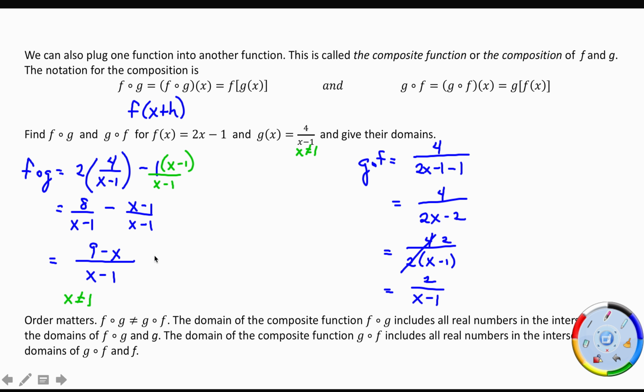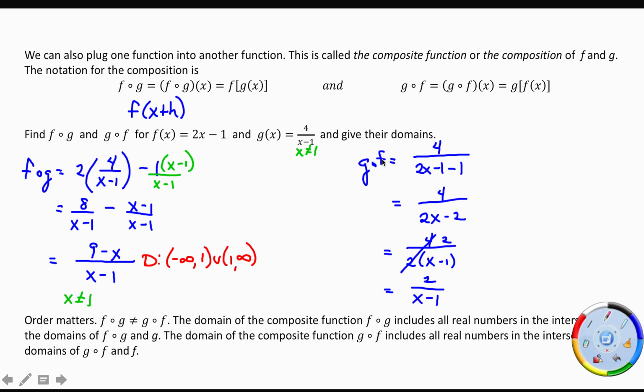So here's the intersection. And it never comes into play that I need the domain for f for this one. So my final intersection of these two sets, since they're the same thing, this domain just cannot be 1. So negative infinity to 1 or 1 to infinity.